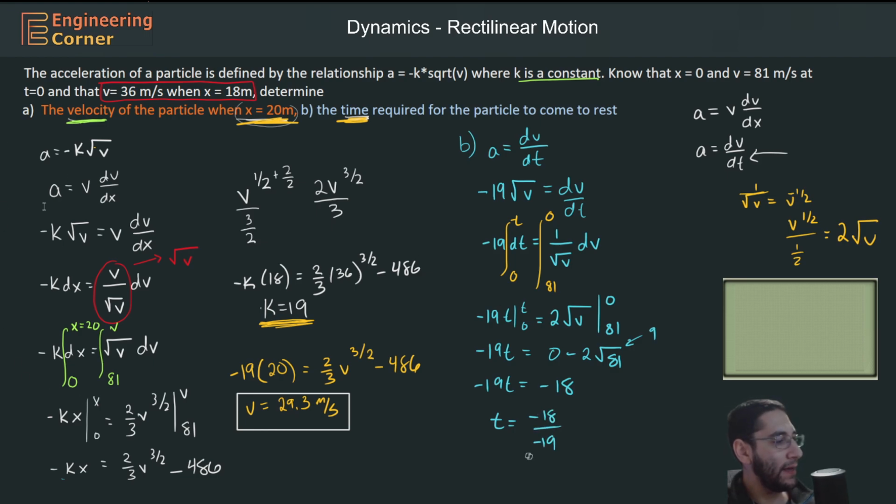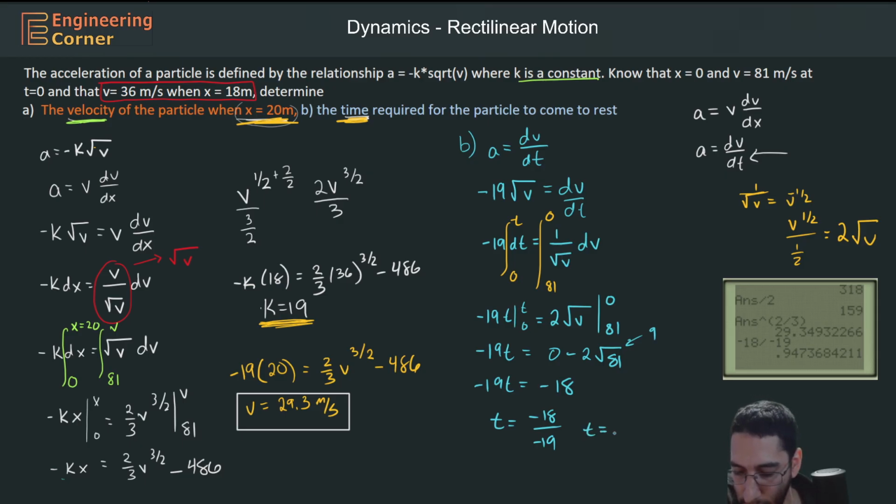And finally, minus 18 divided by minus 19 is 0.947. So t is equal to 0.947 seconds. So that is how long it takes the particle to come to rest.